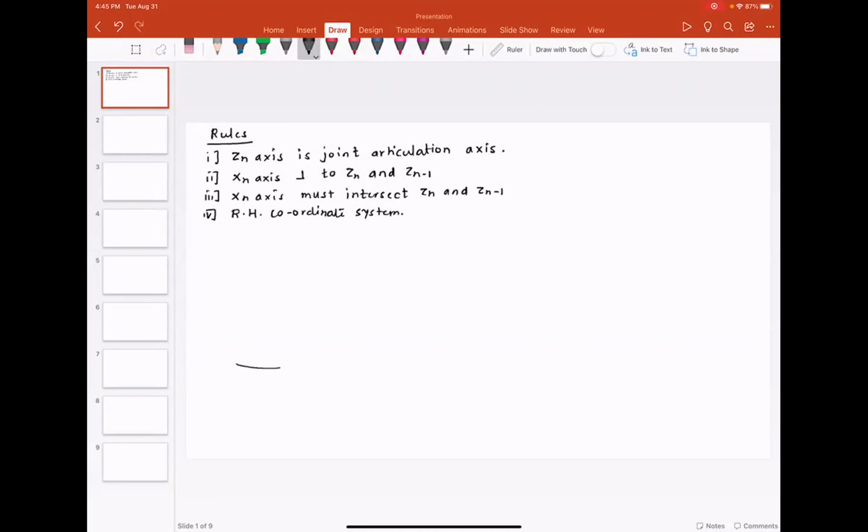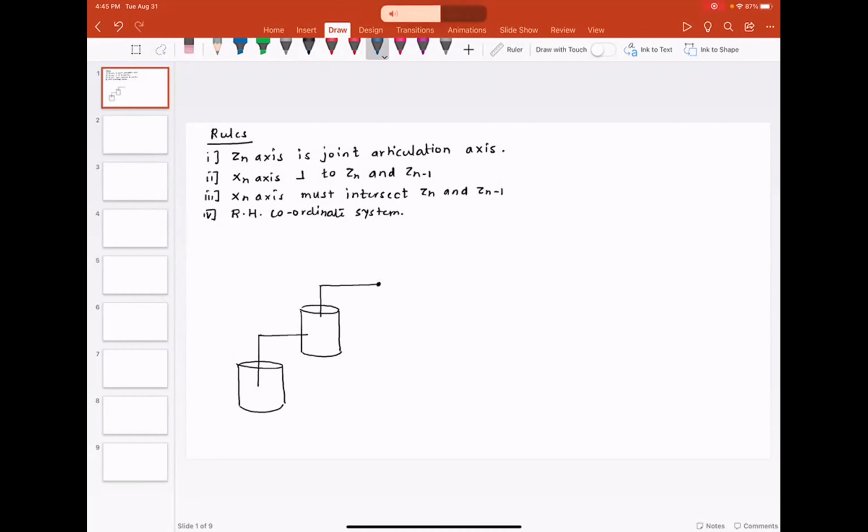So if you think about it, we have a revolute joint. There is another revolute joint. And there is the end effector.